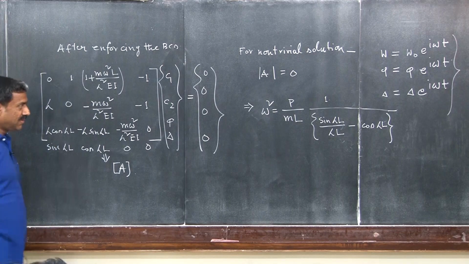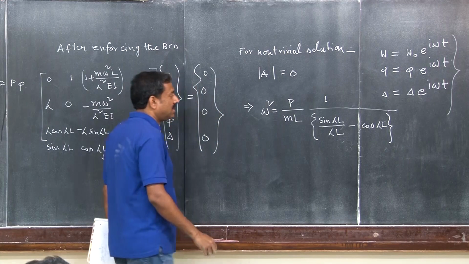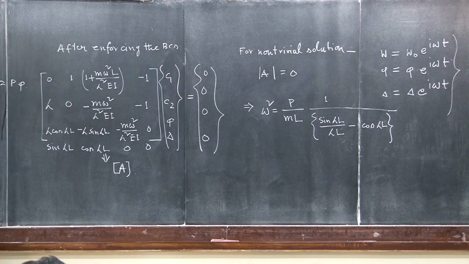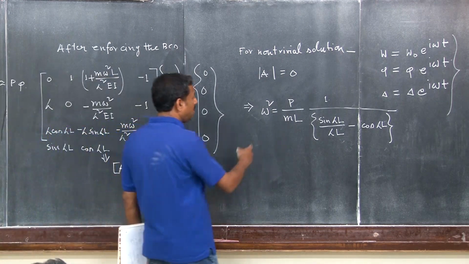So that means although the column doesn't buckle, or lose its stability, under static consideration, under dynamic consideration it can lose stability for the given value of omega square.